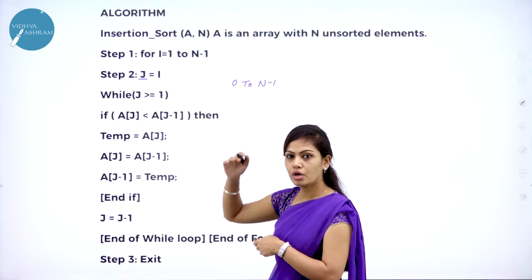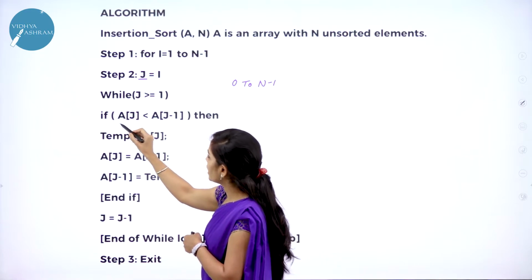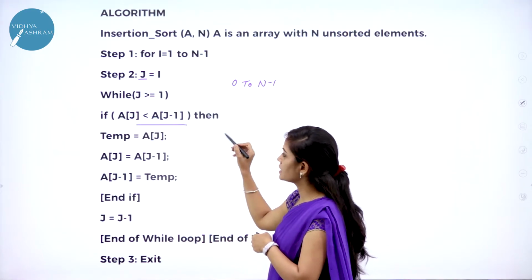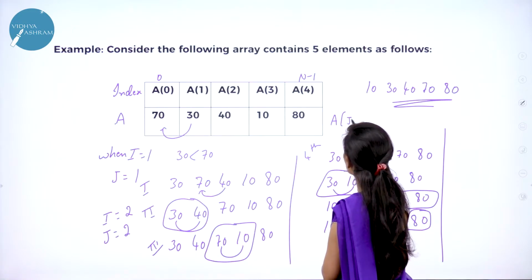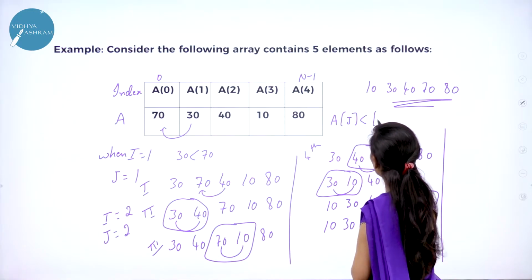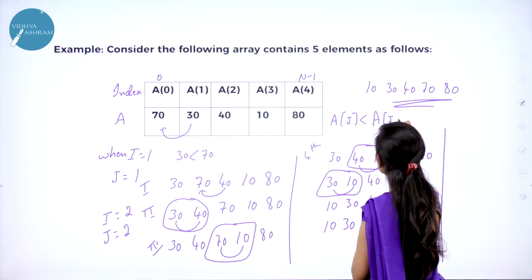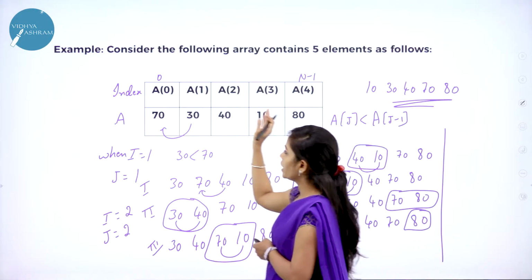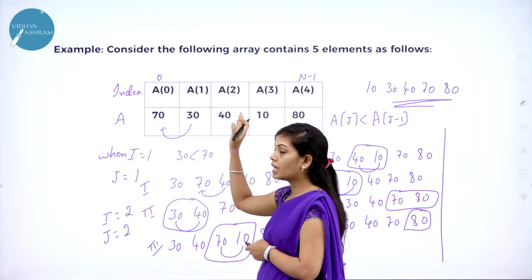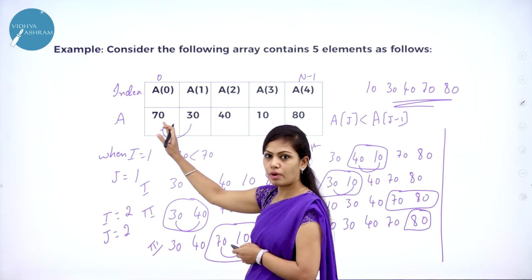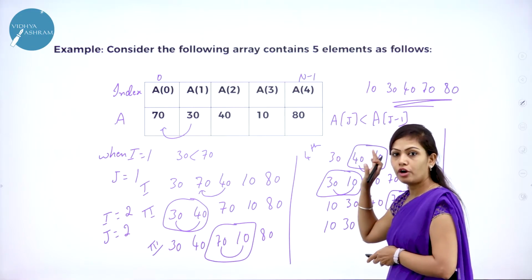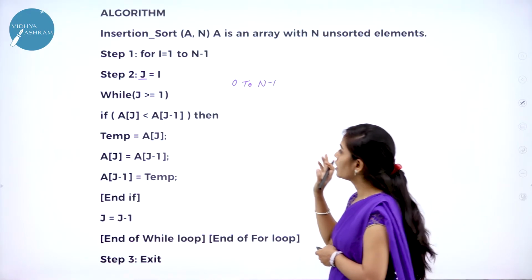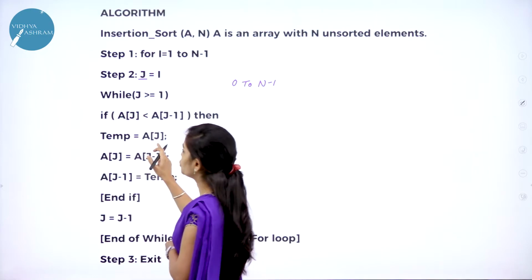You start the while loop, and the if condition is a of j is less than a of j minus 1. If your key value is less than the previous value, then temp is equal to a of j.